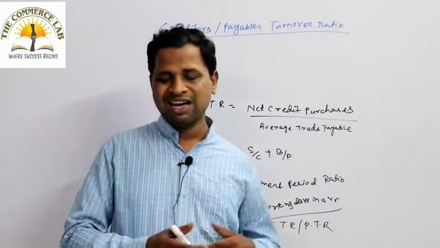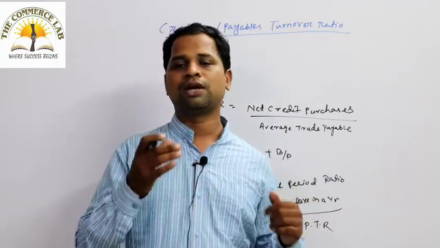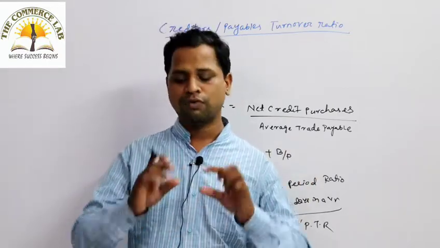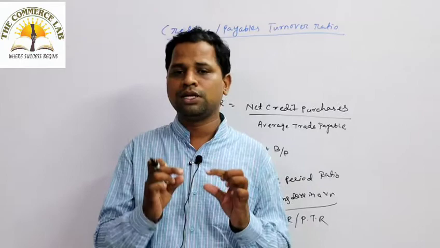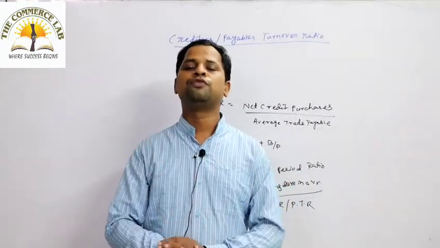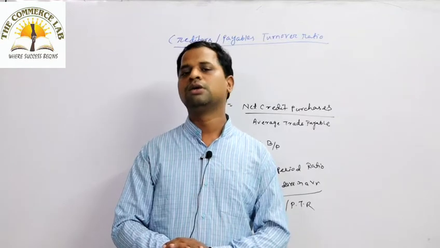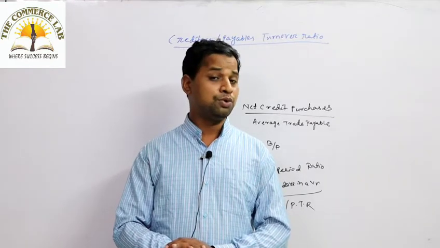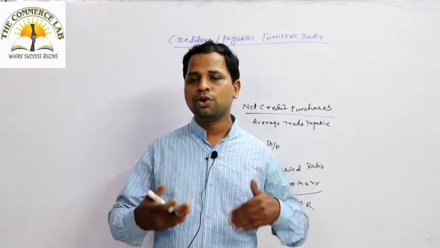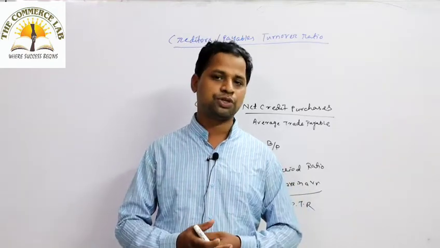If the average payment period is low, we can indicate that within a few days you are able to meet your commitments towards your sundry creditors or suppliers from whom you purchase the raw material. That means your liquidity position is quite good.